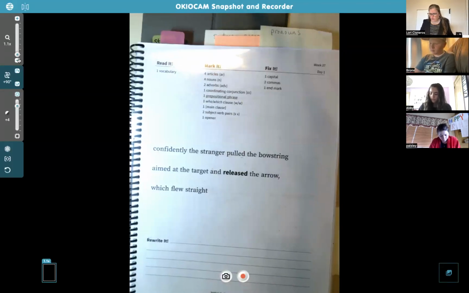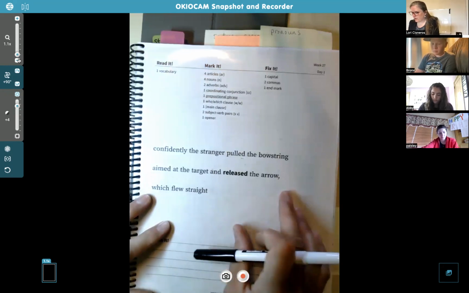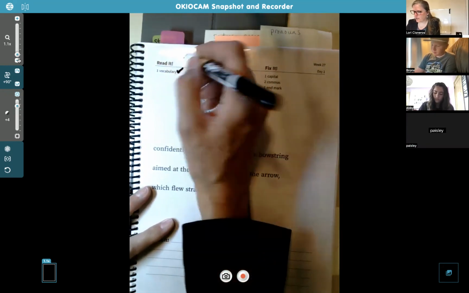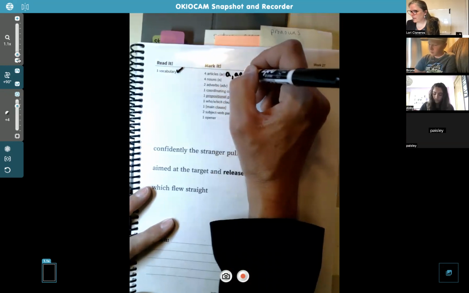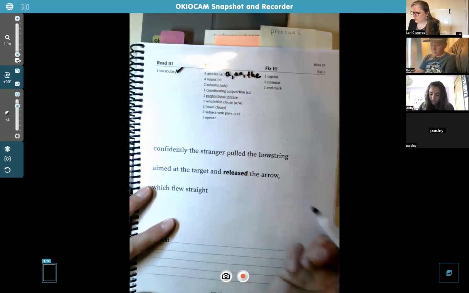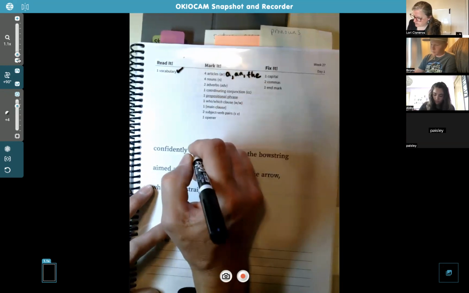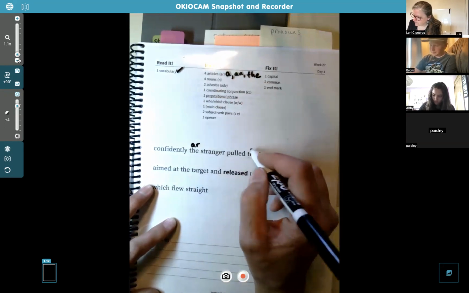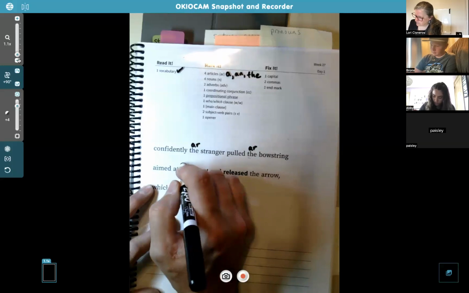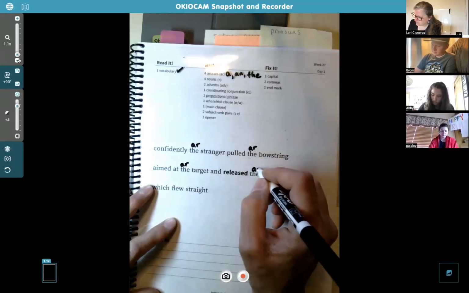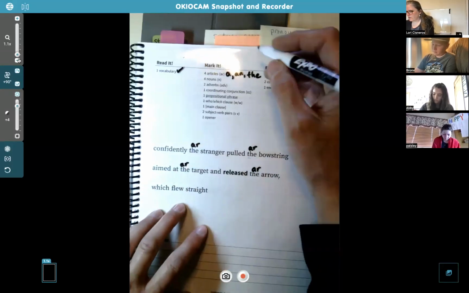So released is the vocabulary word, and that just means to be freed from something that is fastened or restrained. So let go, basically. Release the arrow. So we can put a check there. Articles a and the. Go ahead and label those. They're all those.